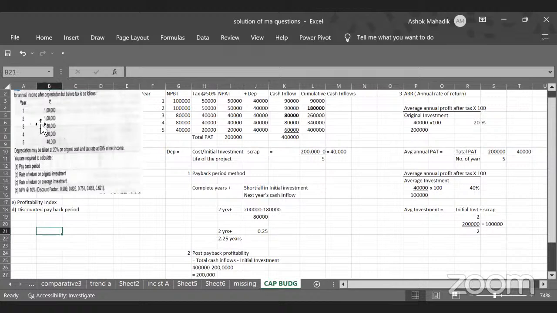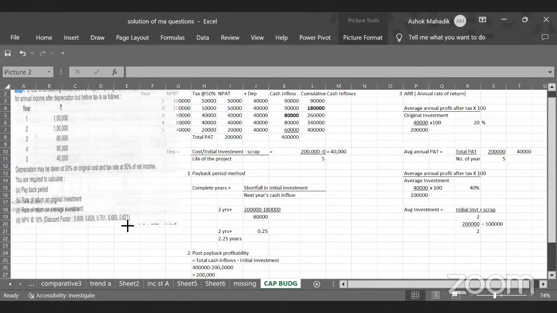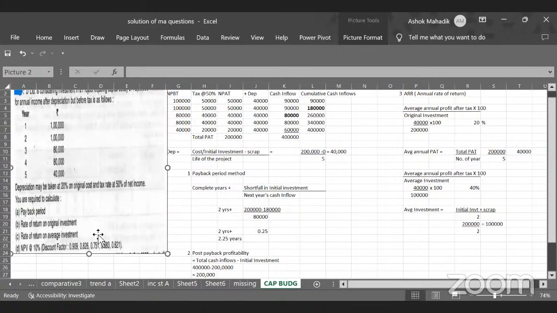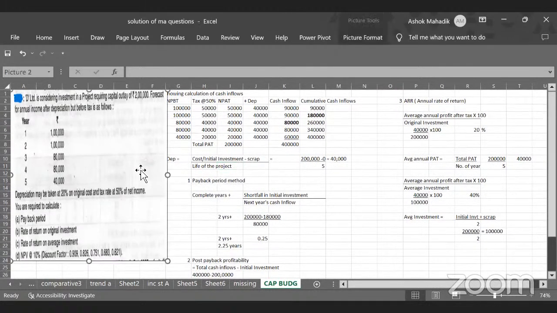So in this question, if you read the second line, it is given: annual income after depreciation but before tax. First of all, you have to reach the net profit after tax figure.